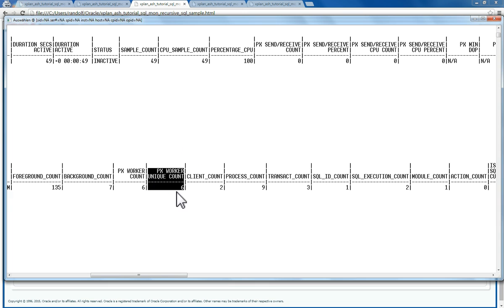In this case there is no difference between the two, but if you had PX servers that were allocated and released many times, then these two values could be quite different.